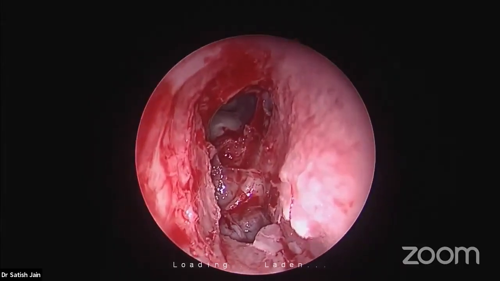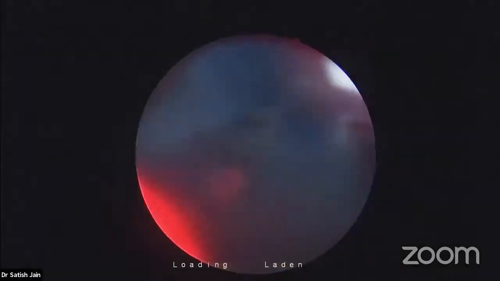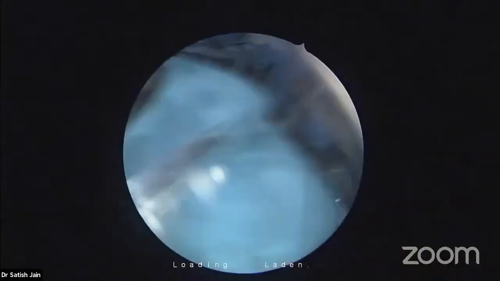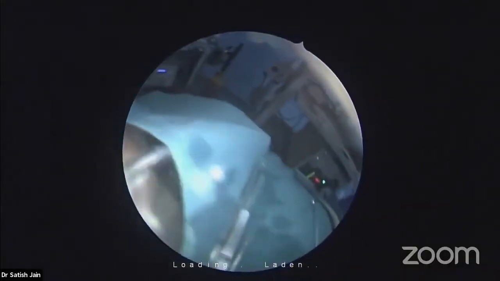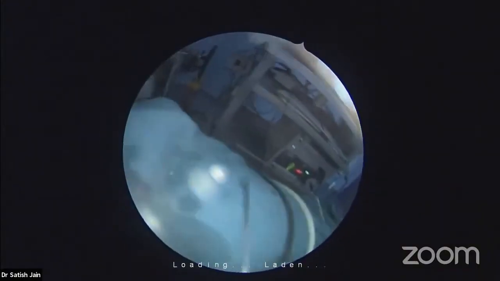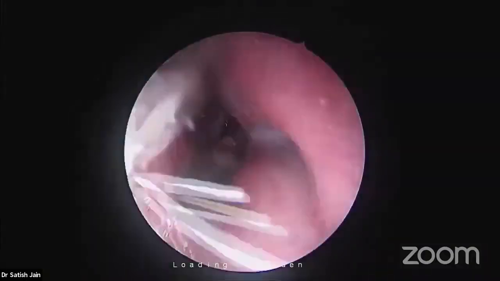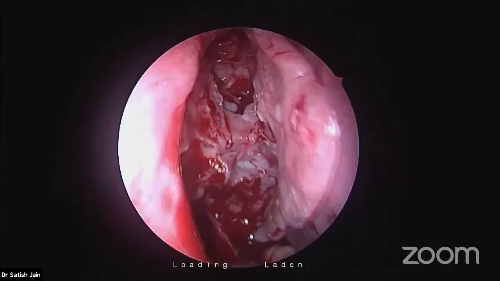Now I will change back to 0 degree. I told you one thing during the CT scan, if you remember, this anterior ethmoidal artery runs in the posterior most part of the roof of the anterior ethmoid.